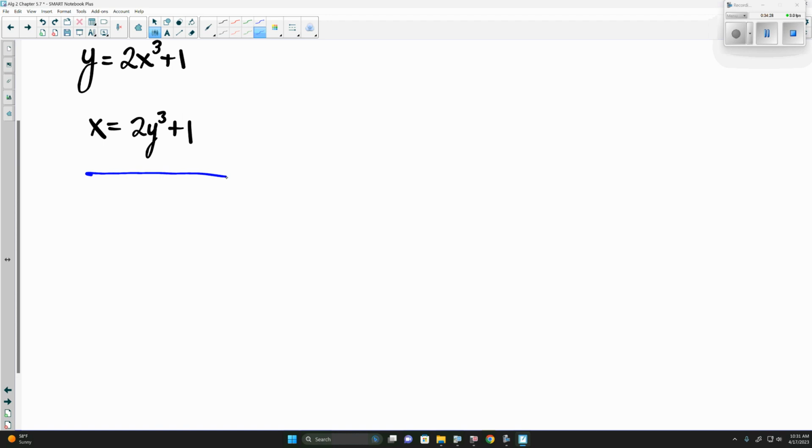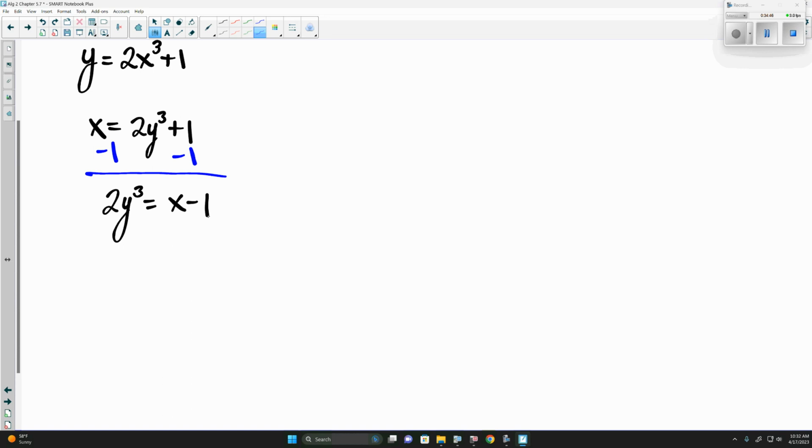And after we do that, we solve it for y. The first step in solving for y is to subtract 1 from both sides, telling us that 2y cubed is equal to x minus 1.